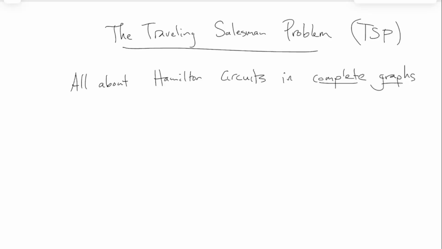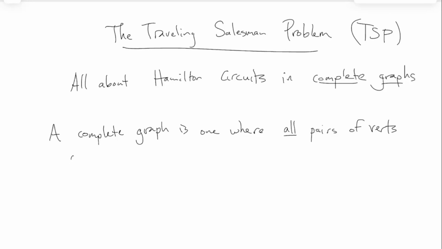Some graphs are called complete. Actually, most of the graphs that we have ever talked about are not complete. If you just make up a graph at random, it's probably not a complete graph. Here's the definition: a complete graph is one where all pairs of vertices are connected by edges.